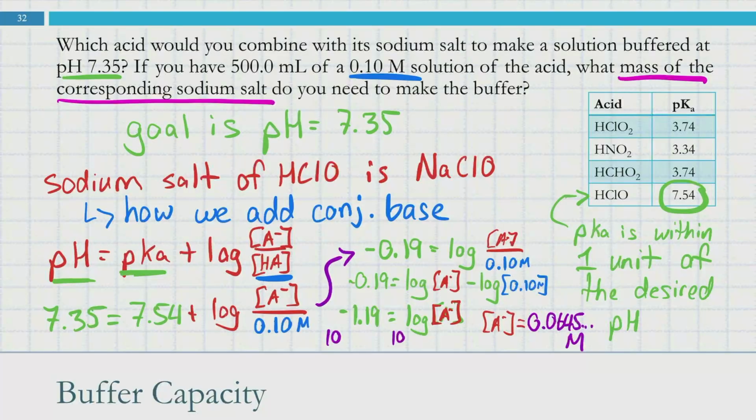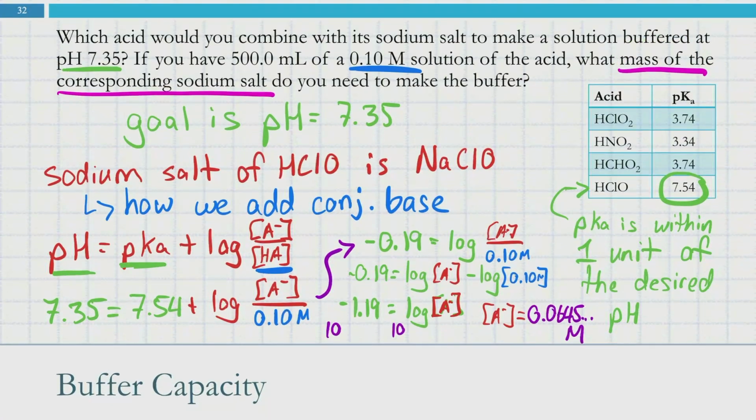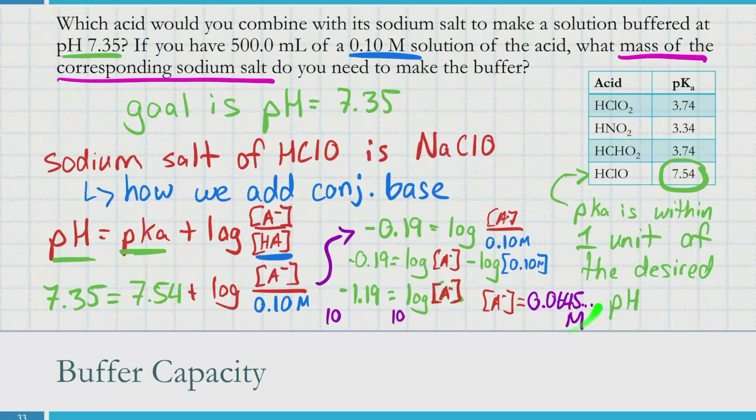And then to wrap up the problem, to find the mass of the sodium salt, we're taking this molarity, 0.0645 molar. Our chemical here is sodium hypochlorite. We're going to use our 500 milliliters to convert it into moles.